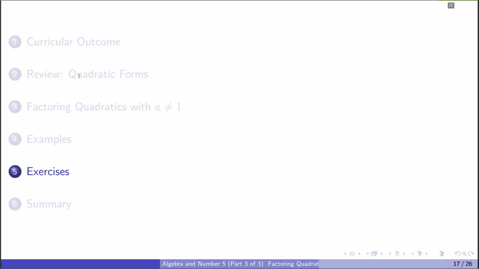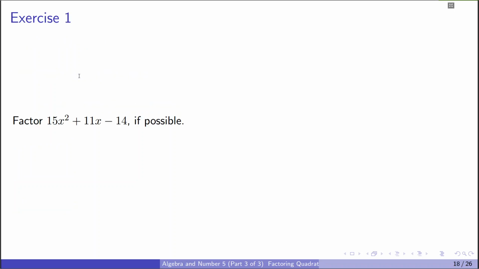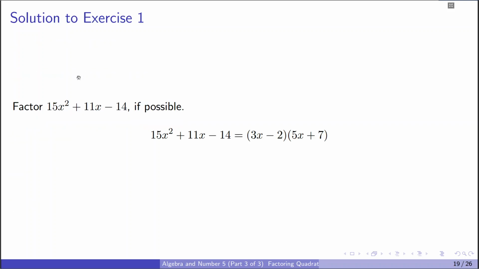So, exercises. Pause the video now. Take whatever time you need. All right. So factoring this, it does factor to 3x minus 2 and 5x plus 7.